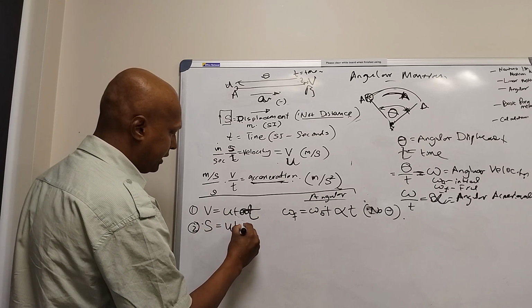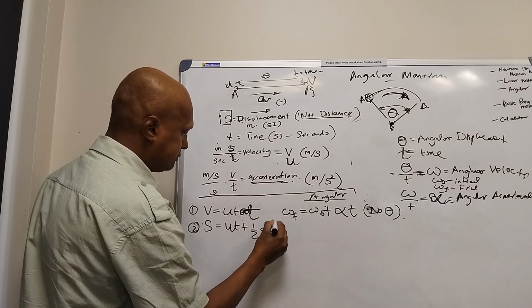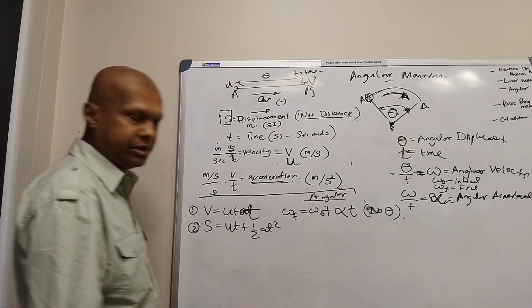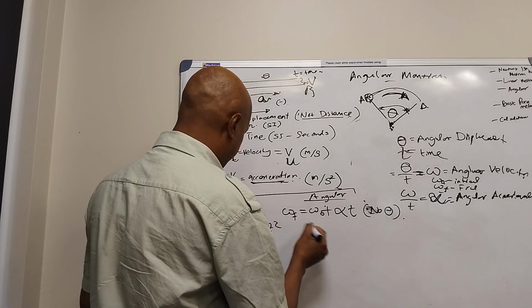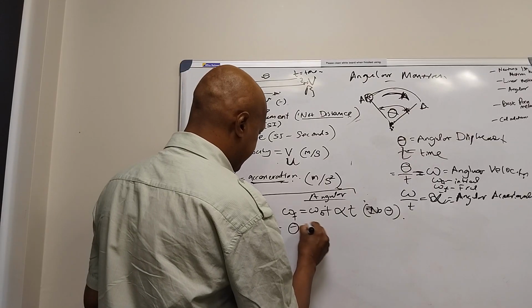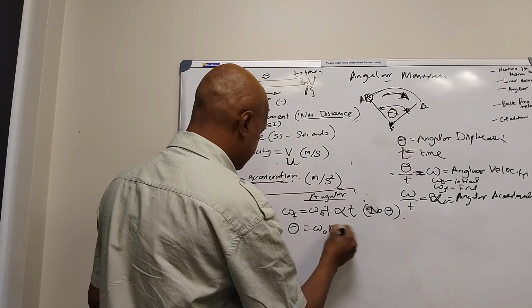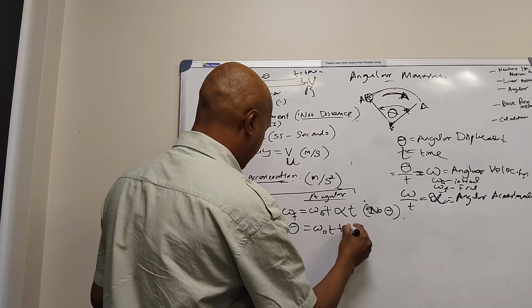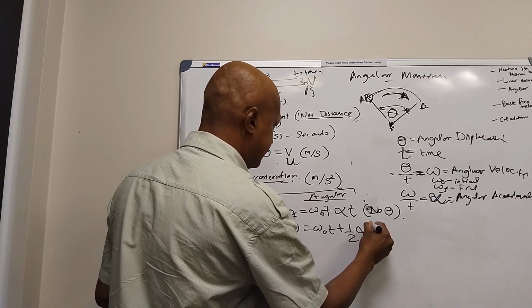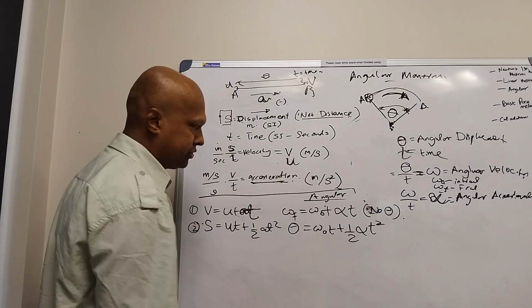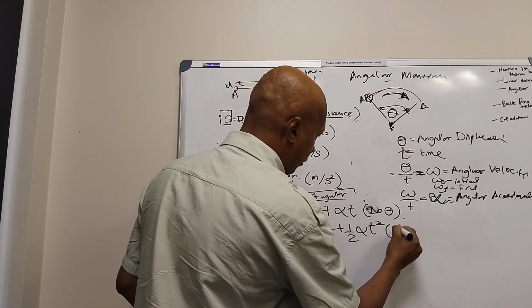The second equation in linear motion is S equals ut plus half at squared. In angular motion, theta equals omega naught t plus half alpha t squared. In this case, we don't know omega f.